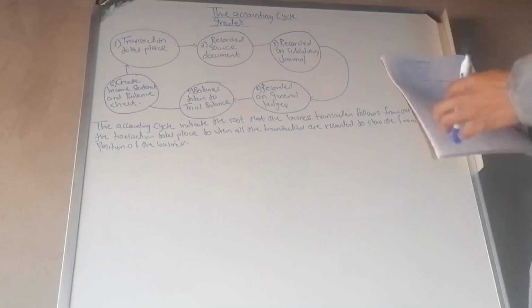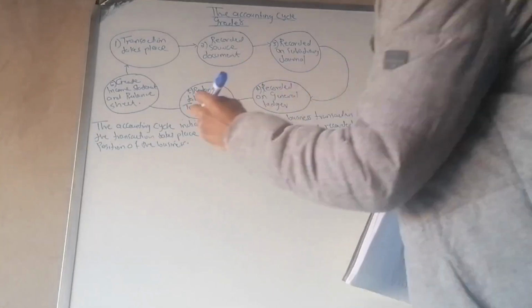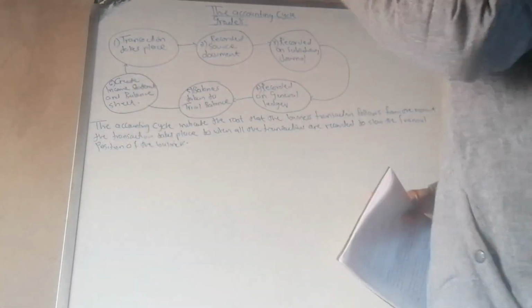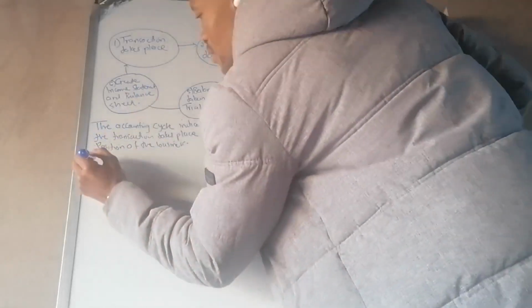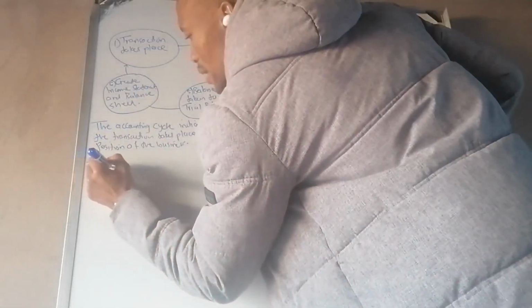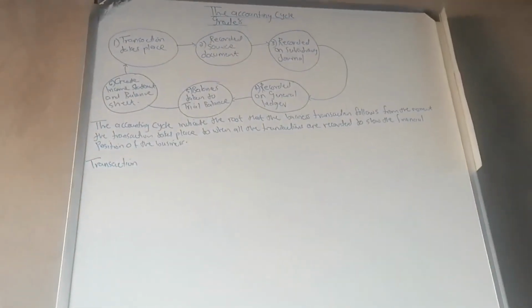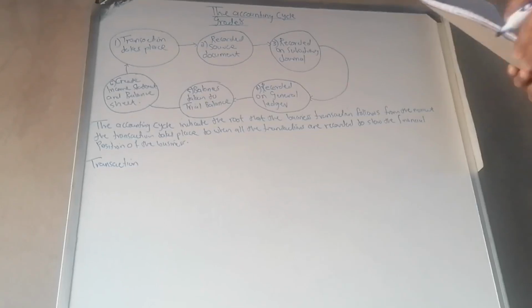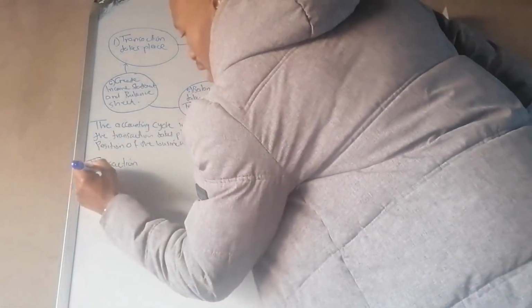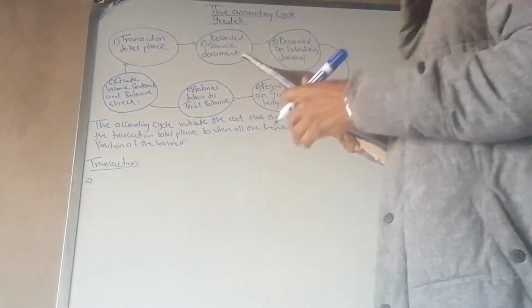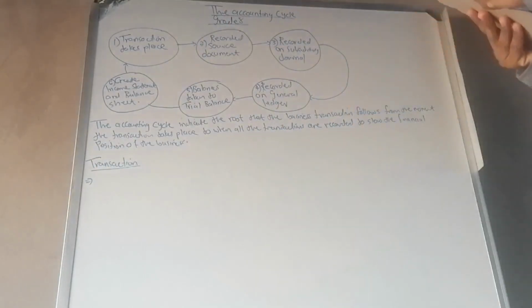Right, so this is the accounting side here. Now let us try to look at the first step, the step of transaction. What is this transaction? Right, what is a transaction? A transaction takes place every time money exchanges hands between the business and another party.